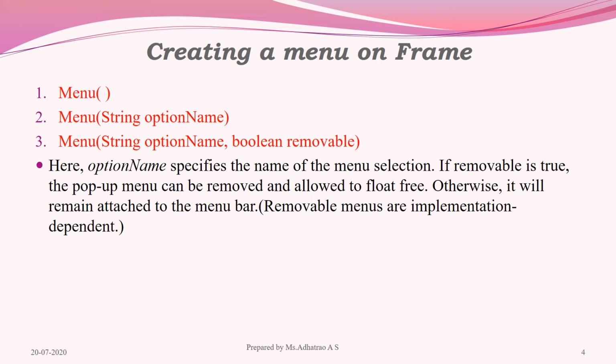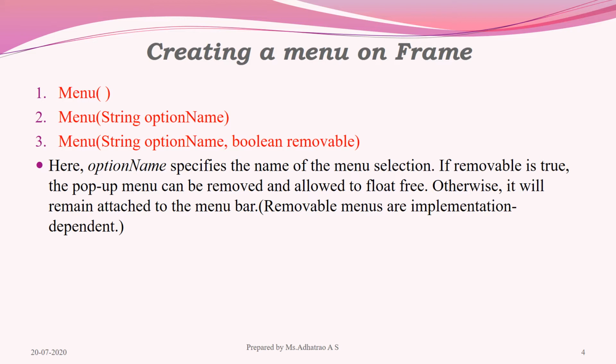Creating a menu on a frame. There are three constructors for creating a Menu. The first one is the empty constructor. The second one is passing a string for the option name. The third one is passing the string and a boolean removable.